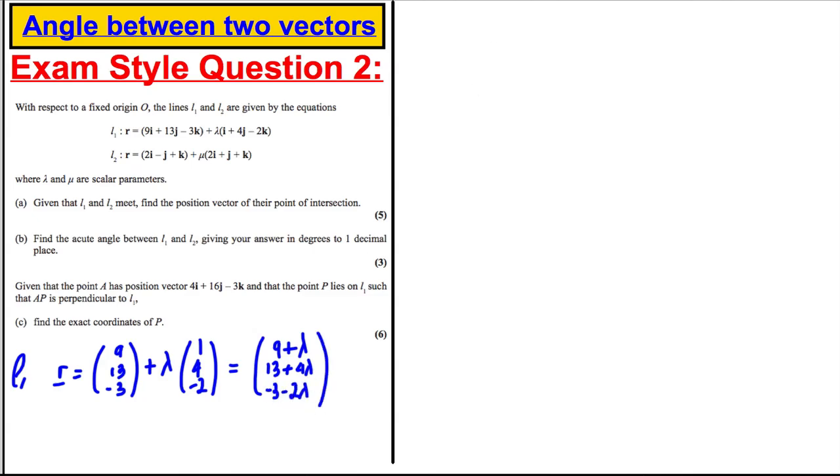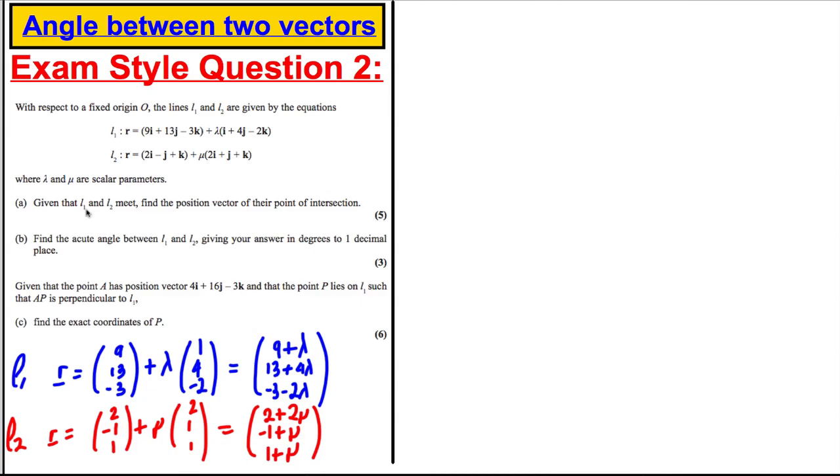It's just easier like that. And I'll do the same with line 2. I might write that instead as 2, negative 1, 1 plus mu lots of 2, 1, 1, and I might combine that, so it's 2 plus 2 mu, negative 1 plus mu, and 1 plus mu.